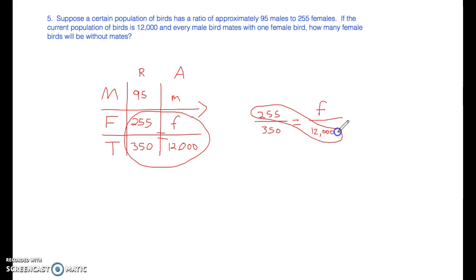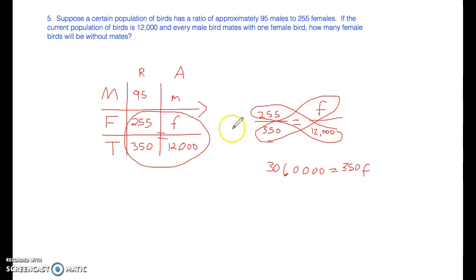And then you cross multiply. So you multiply these two, and then you multiply the 350 and the F. So we will get the 255 times 12,000 equal to 350 F, and then divide both sides by 350.